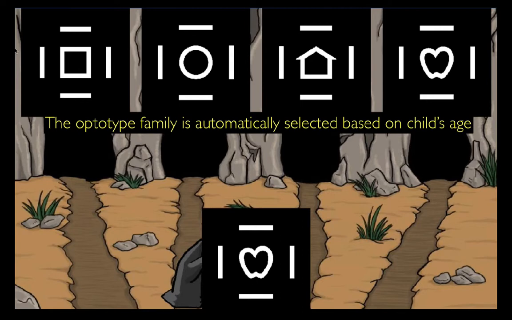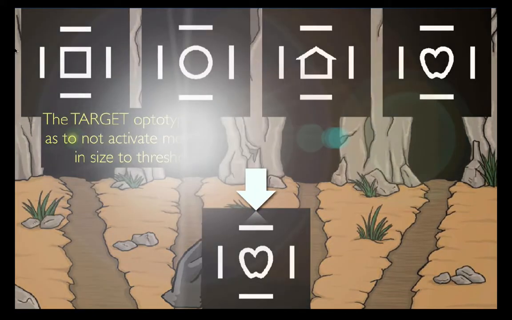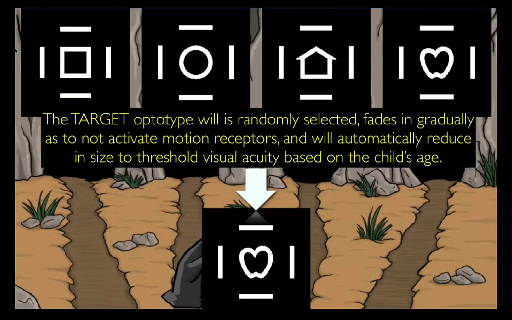The game automatically sets up based on the age of the child appropriately. And then the symbol at the bottom is completely randomized and is reduced in size to the appropriate visual acuity threshold, again, based on the child's age. So once again, you don't have to worry about setting up the test. It does that for you.